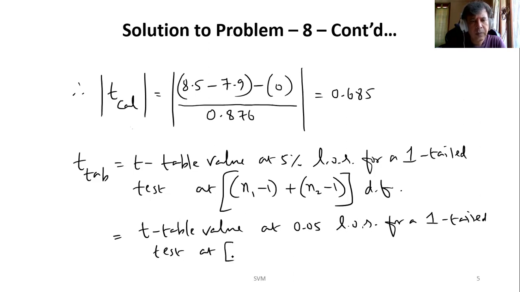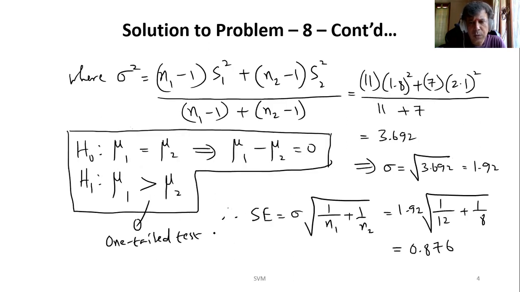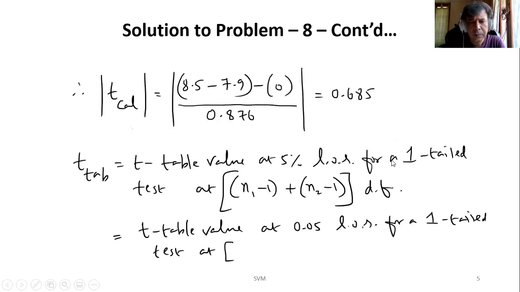What is n1 minus 1 plus n2 minus 1? Here it is 18 degrees of freedom.